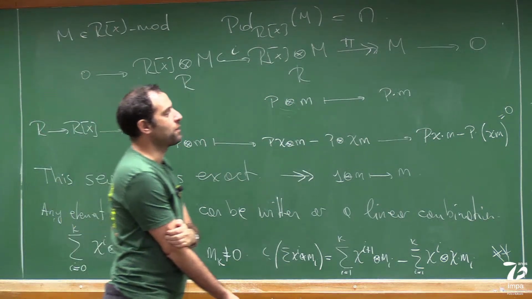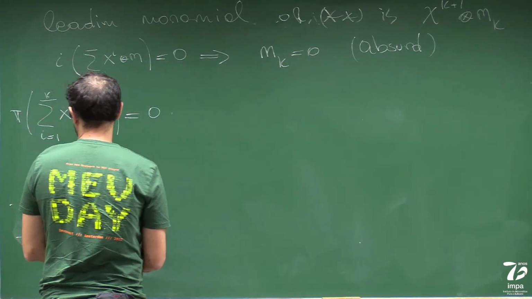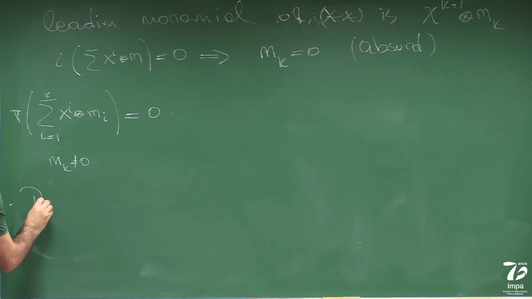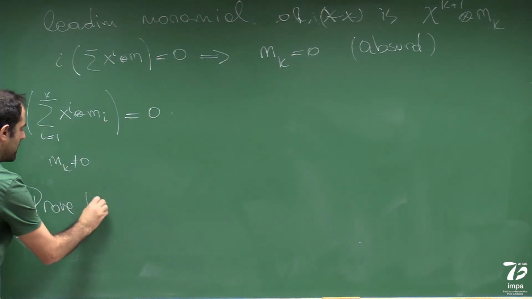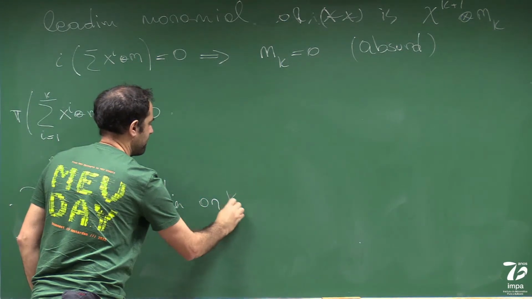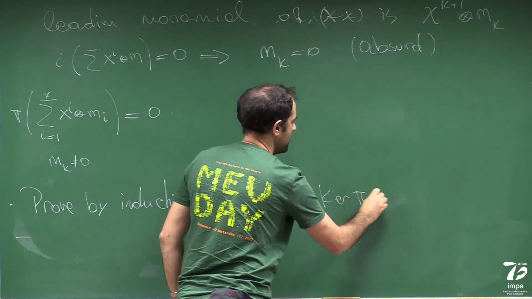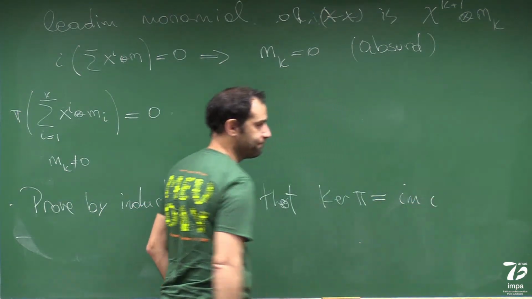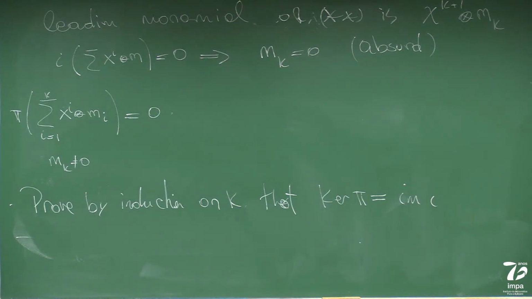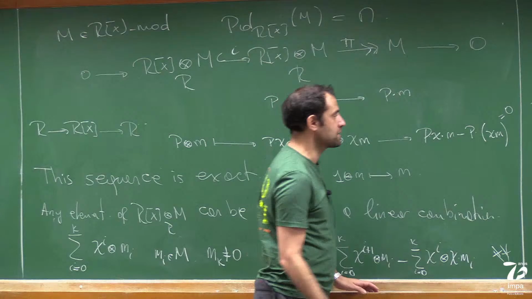Okay, so let's suppose that we have an element in the kernel, which is this. And I'll do induction in the degree. Let's prove by induction on k that the kernel of pi is equal to the image of iota. So if k is equal to 0, oh shoot, i equal to 0 was fine here. Here it is not. I can have constant terms.